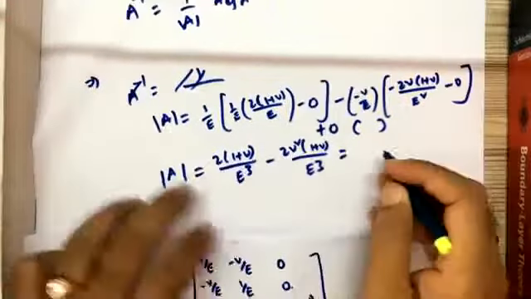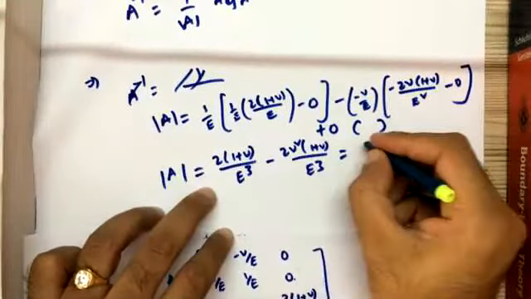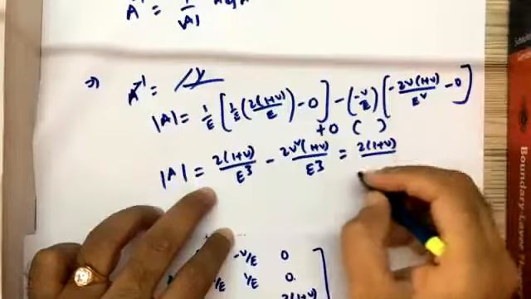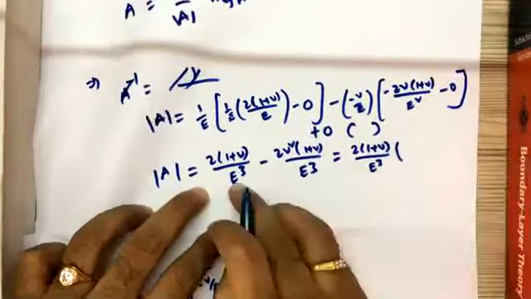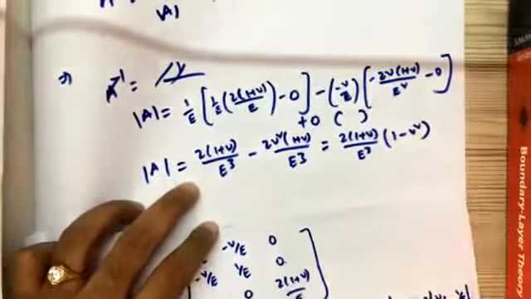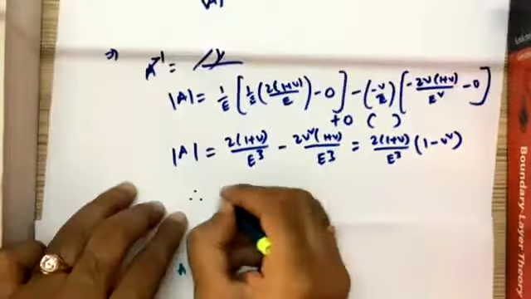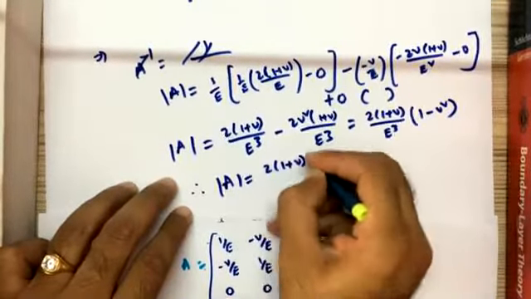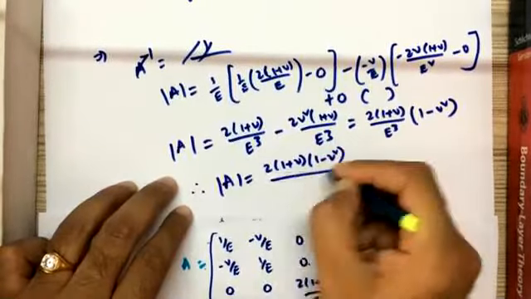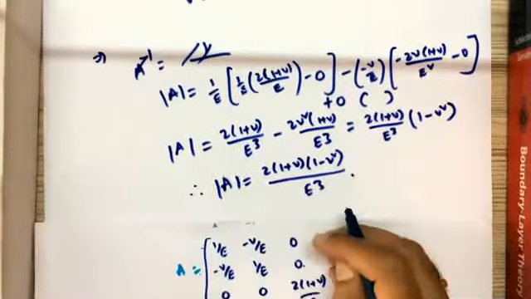Can I take anything common here? Yes, I can take 2 into 1 plus nu by E cube common, then 1 minus nu square will be remaining. So therefore, det A is equal to 2 into 1 plus nu into 1 minus nu square divided by E cube. Right?